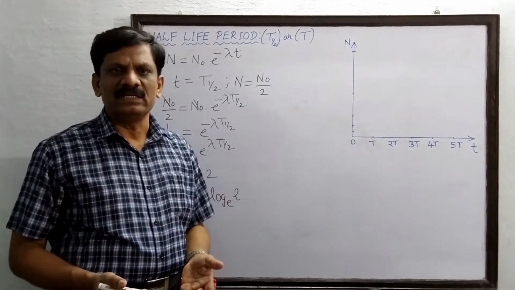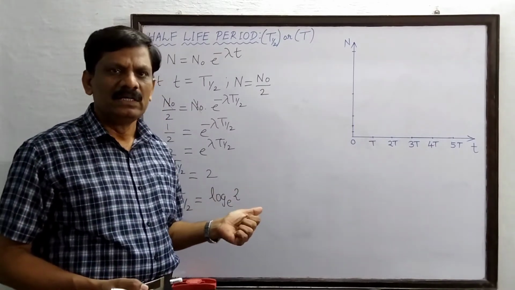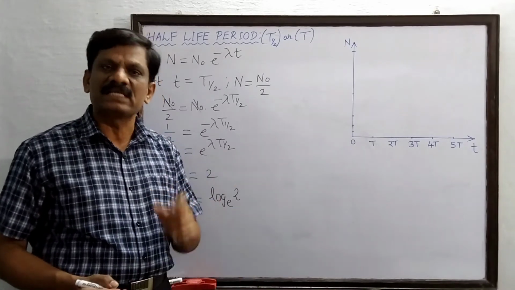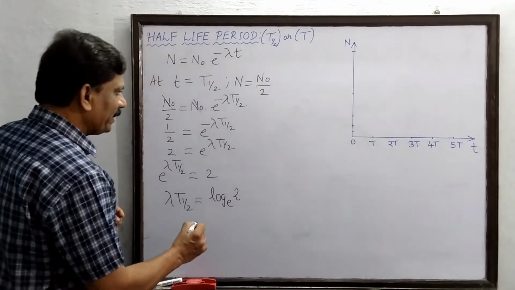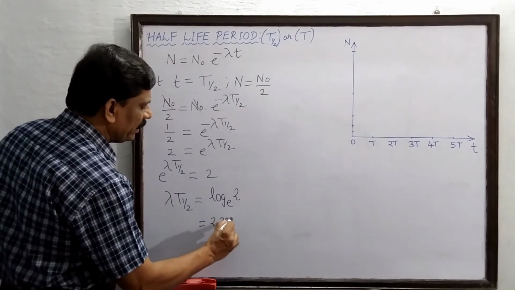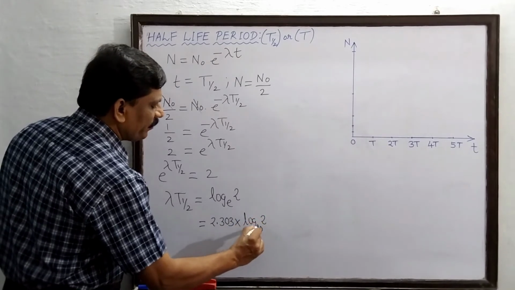If you take the logarithm to the base e, it is called natural log. To convert it into logarithm to the base 10, which is called common log, we should multiply this by a number equal to 2.303 into log 2 to the base 10.